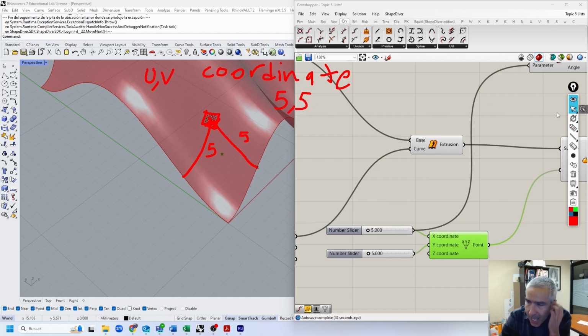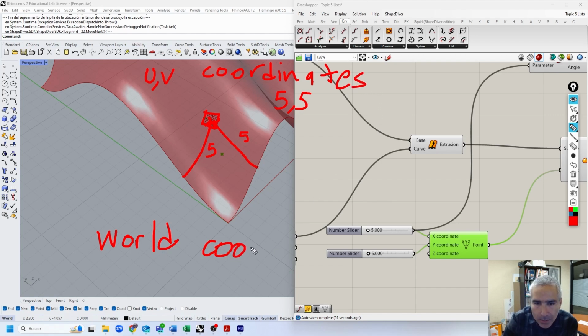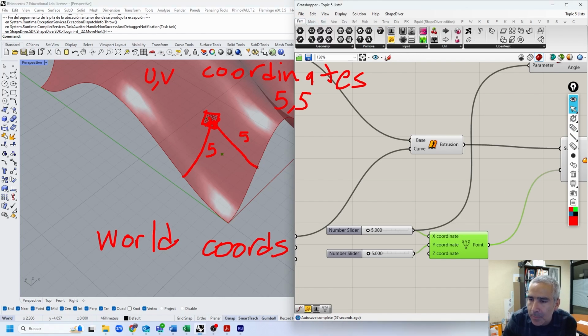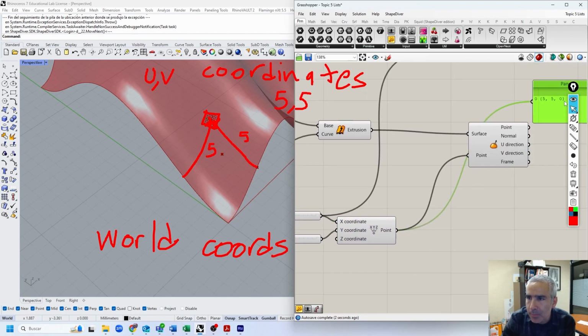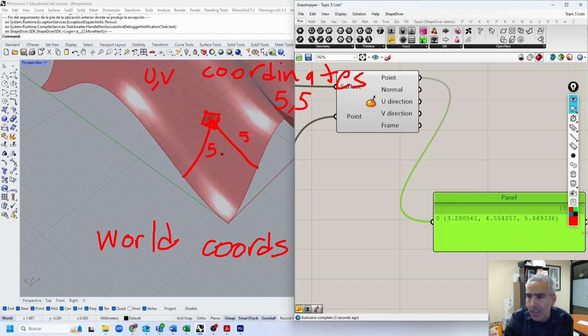But if we look at the absolute or world coordinates of that point, that'll be different numbers. It'll be close to 5, 5 because the origin of the surface is at 0, 0. But sorry, it'll be close, but as you can see, it's not 5, 5.